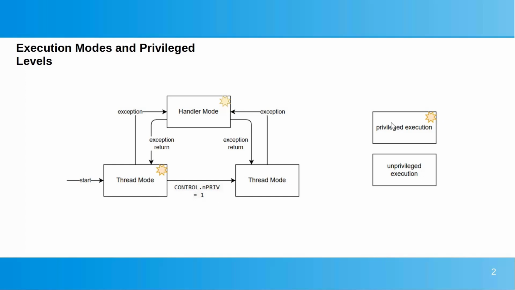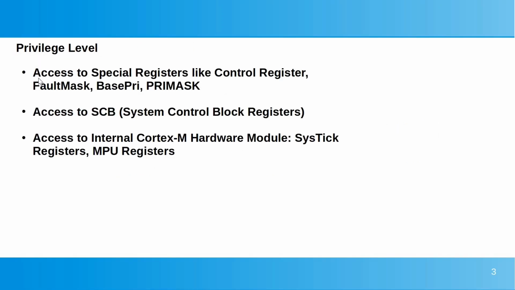Privileged or unprivileged execution level actually controls the access to the different CPU hardware resources and registers. While running on handler privileged or thread privileged execution level, the CPU will be able to access some set of special resources in terms of registers and hardware blocks.